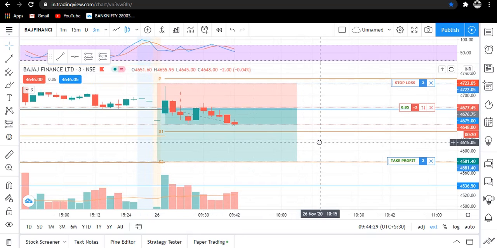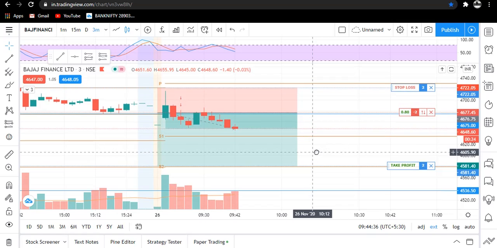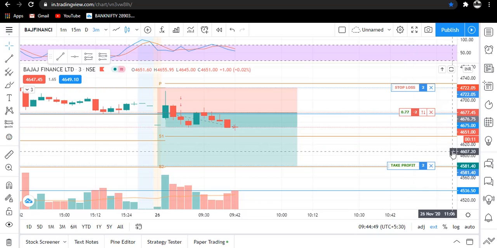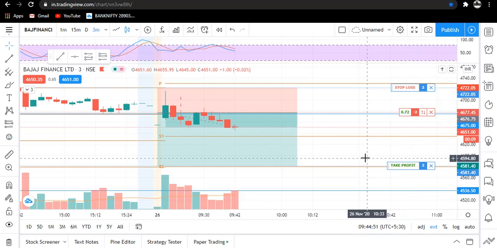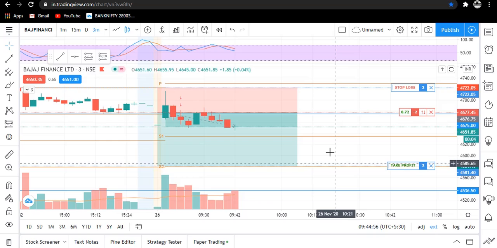Now coming on to our target, as there was a good bearish sign in yesterday's candle, we are trying to capture a big move. So we placed our target on the second support, that is S2, by using pivot points. Here we have placed the target at S2.